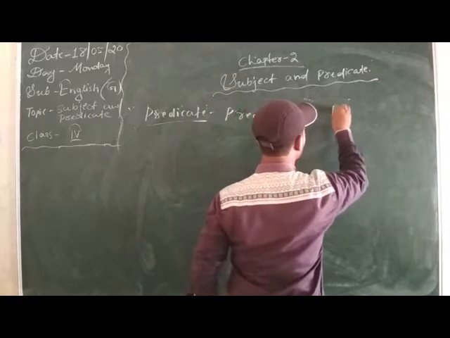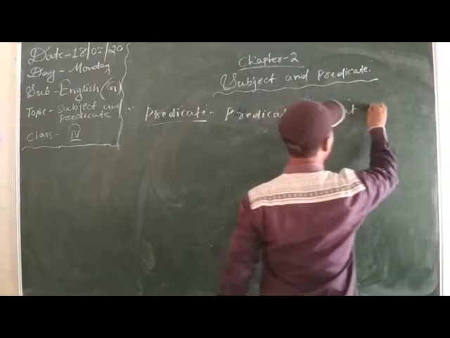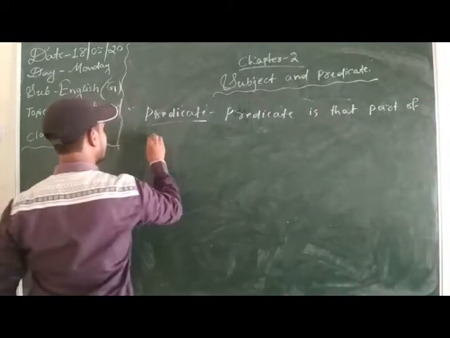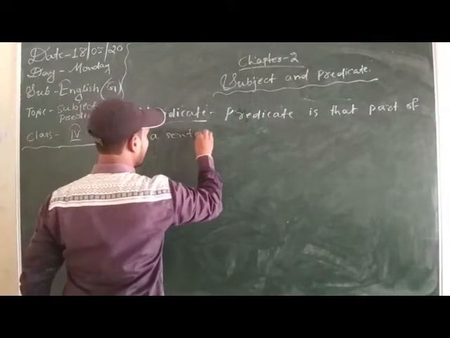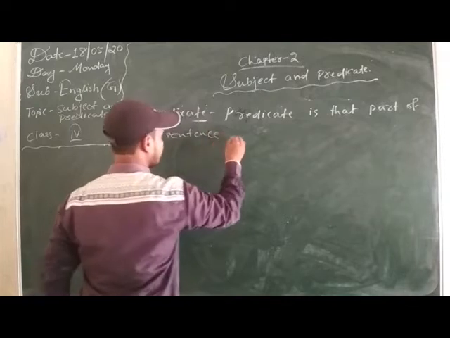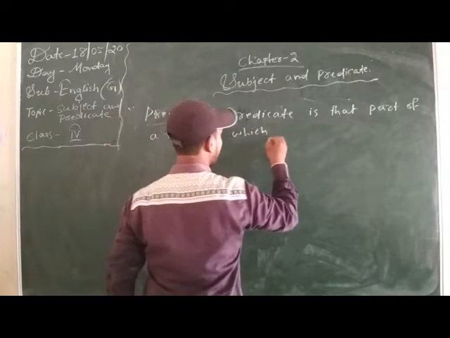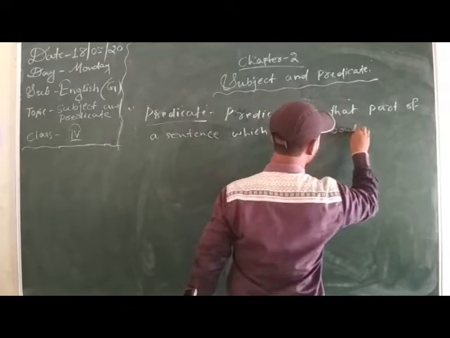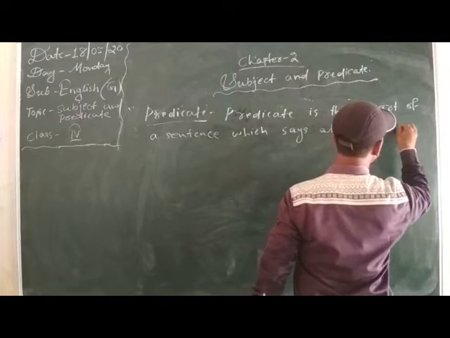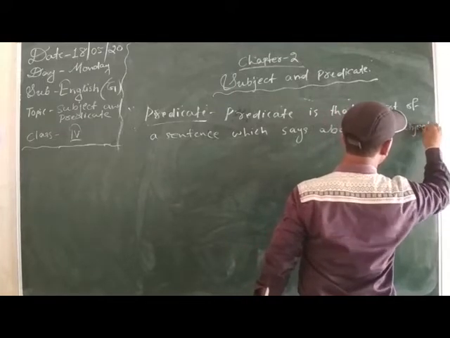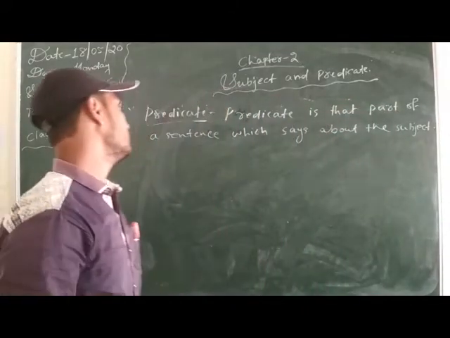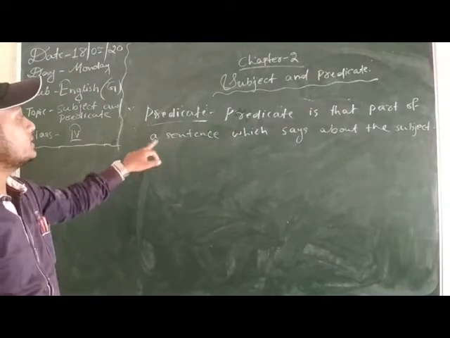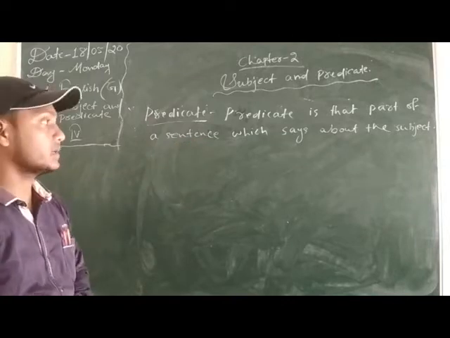Predicate is that part of a sentence which says about the subject. Okay, copy it down. Predicate is that part of a sentence which says about the subject.